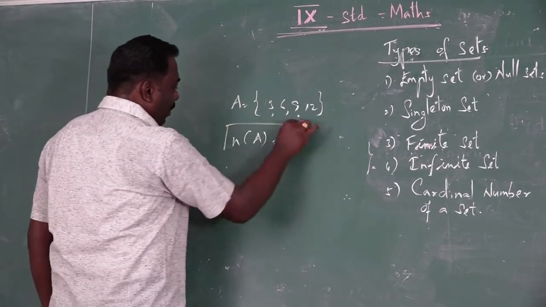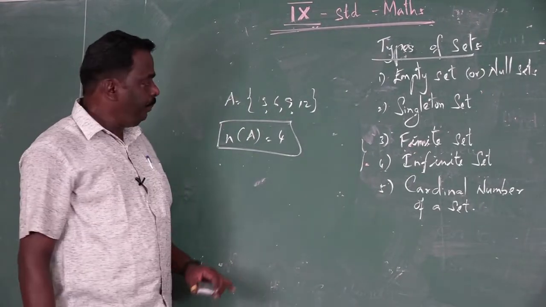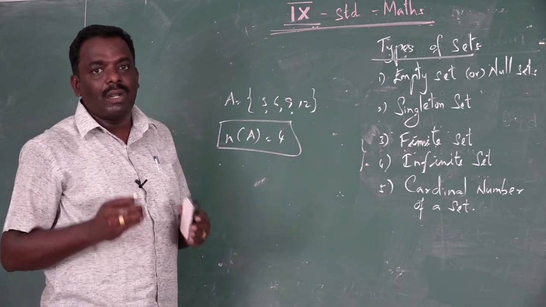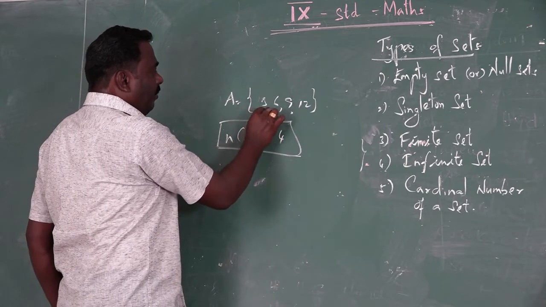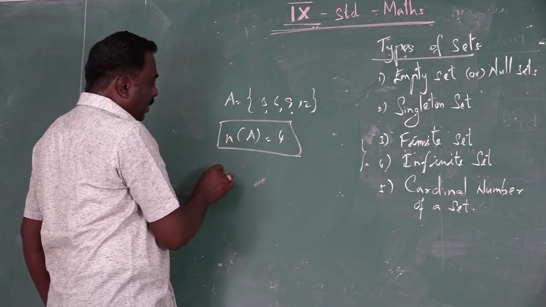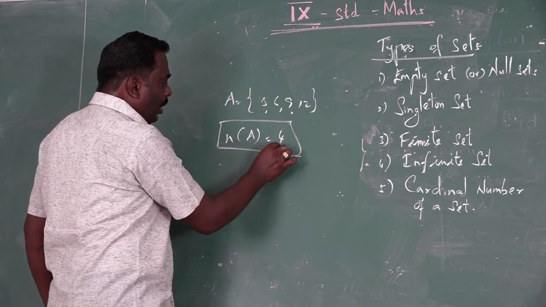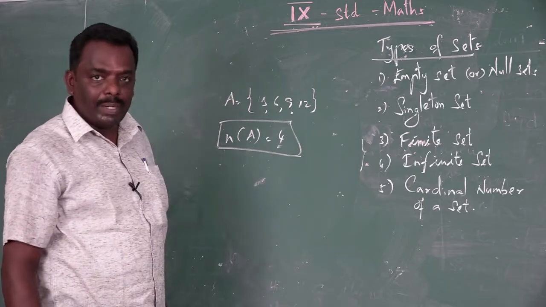This is defined as the cardinal number of set A. Cardinal number means how many elements are in the set. So set A containing 4 elements is defined by its cardinal number, n(A) equal to 4, the number of elements in the set.